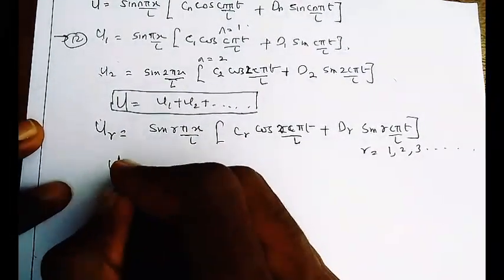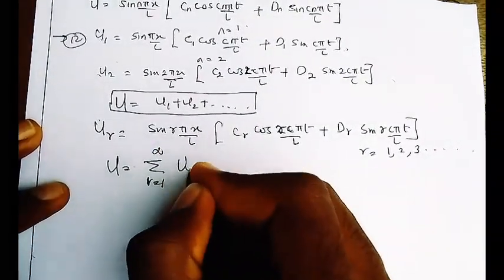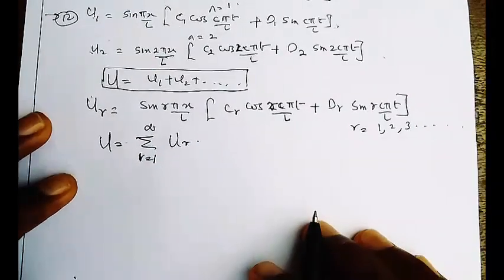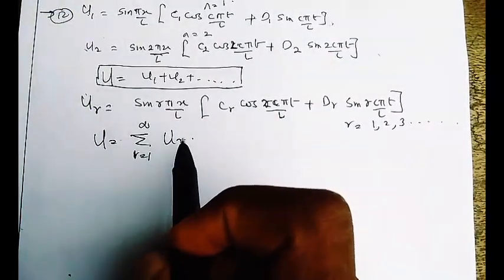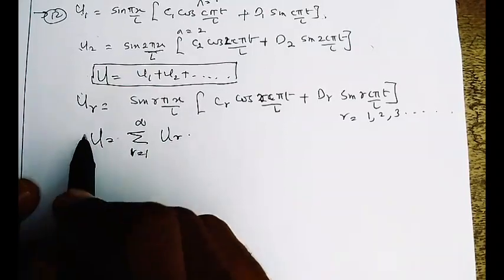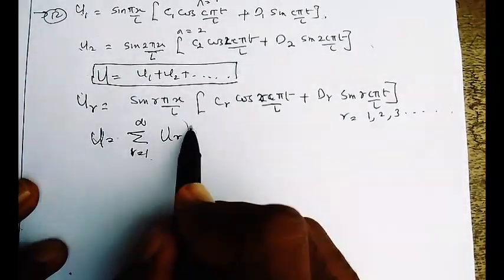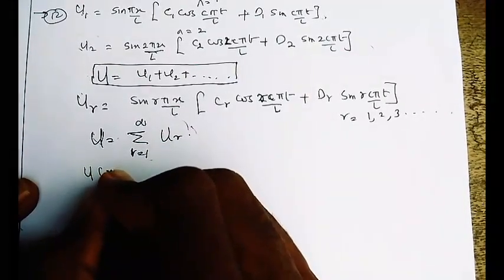So u is going to be the summation where r is equal to 1 to infinity of ur, meaning I'm summing all the values u1, u2, u3 to infinity. Remember u is a function of x and t.